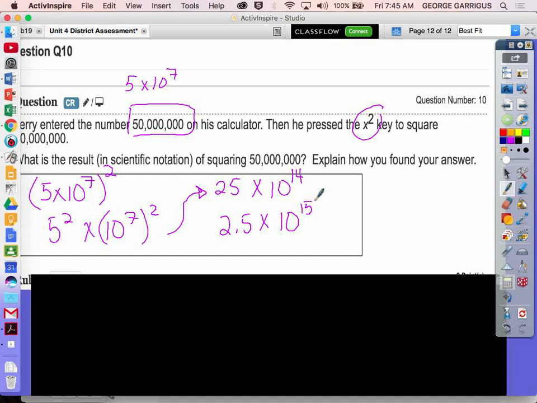And now all I have to do is explain my process. So 1, I wrote 50 million in scientific notation. 2, I squared, and I used power of a product.